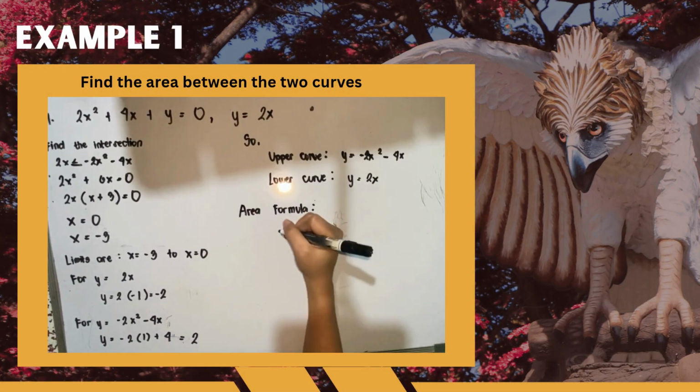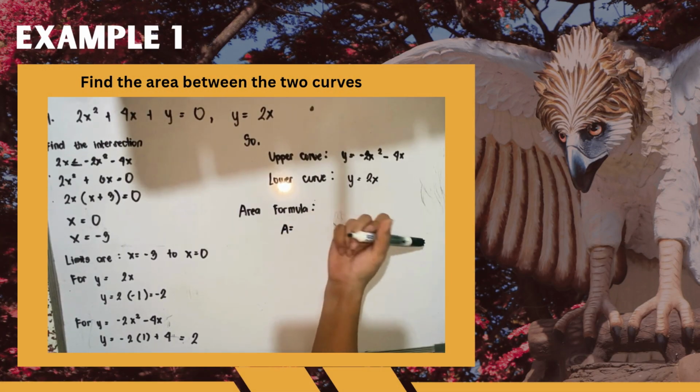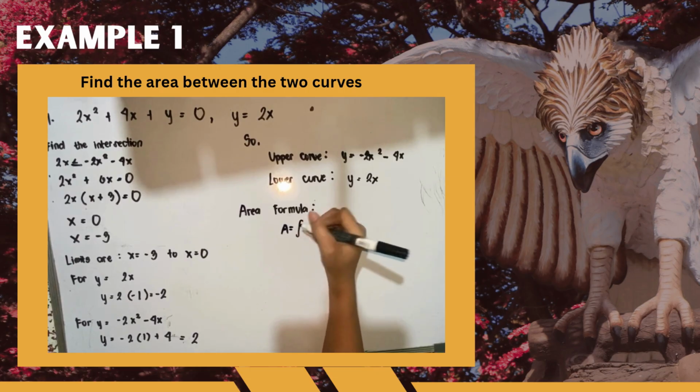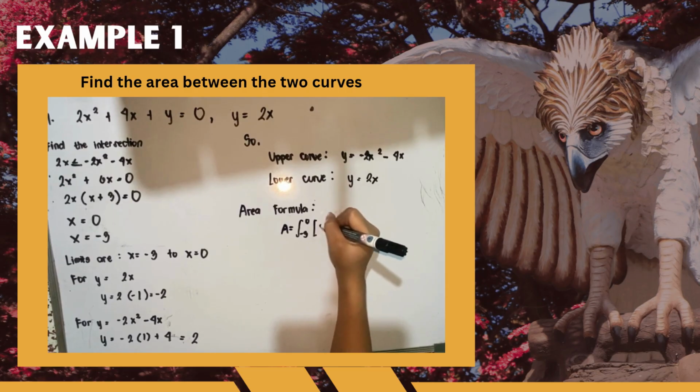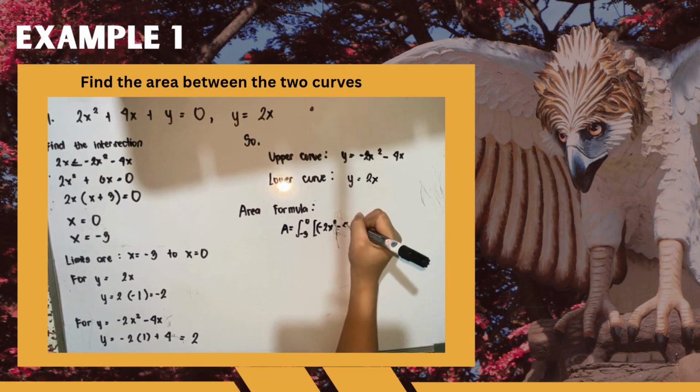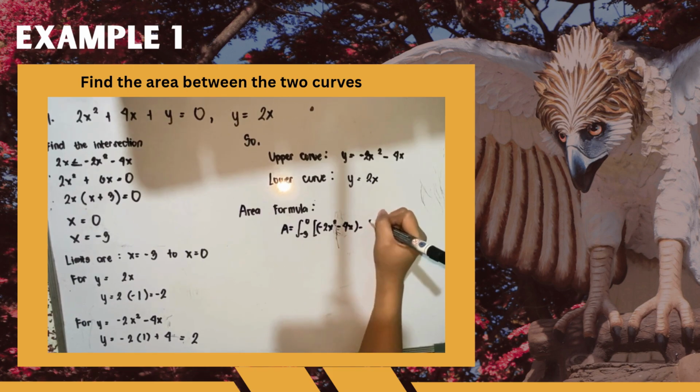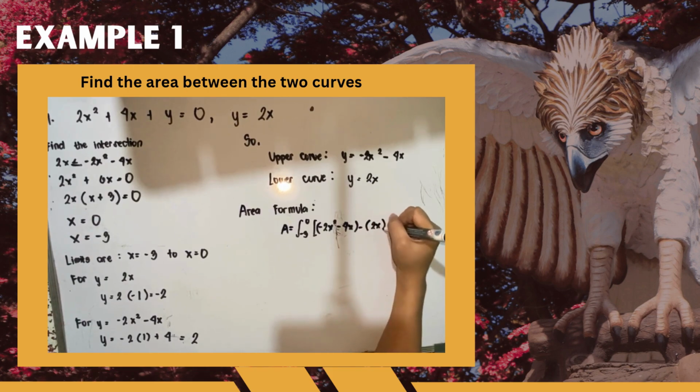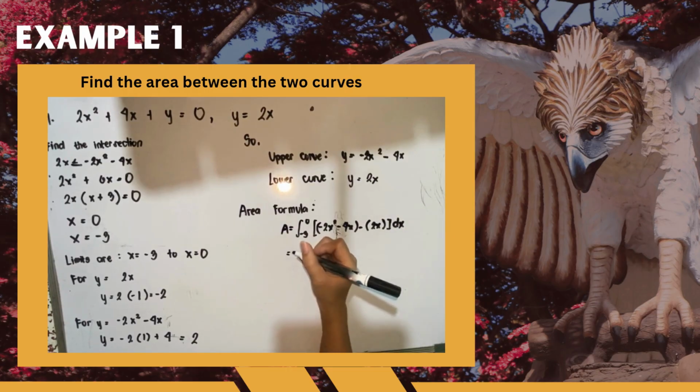A equals the integral from negative 3 to 0 of negative 2x squared minus 4x minus 2x dx. So A equals the integral from negative 3 to 0 of negative 2x squared minus 6x dx.